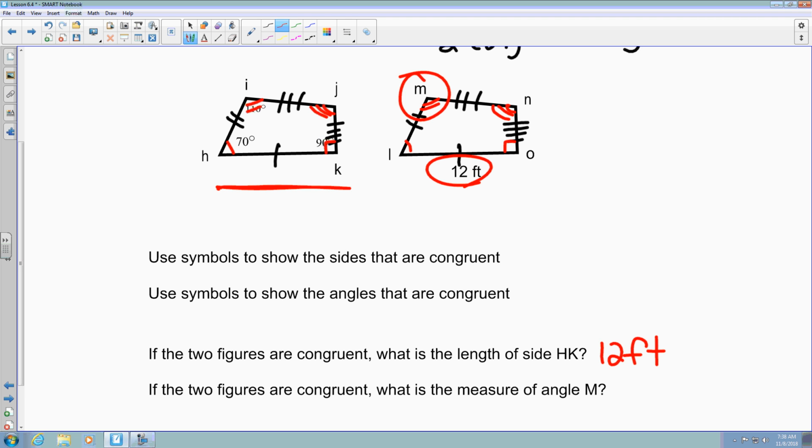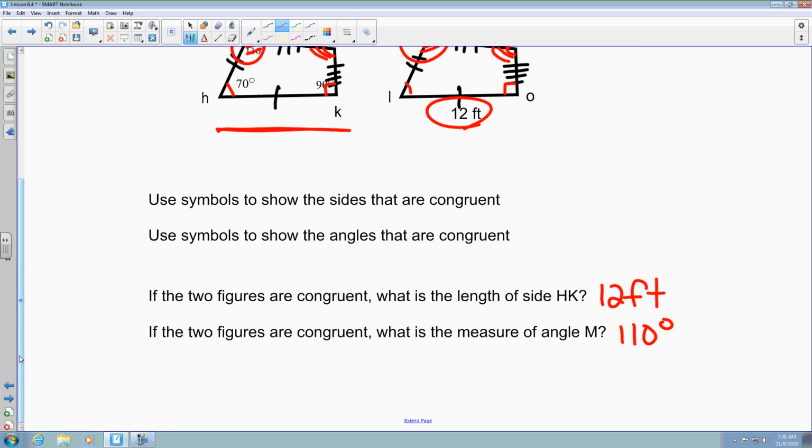So here's M we're needing to find. The corresponding angle to that is I. It says it's 110 degrees. Well, guess what? Angle M is also 110 degrees. And that is being able to investigate similar figures. Hope this helps. Until next time.